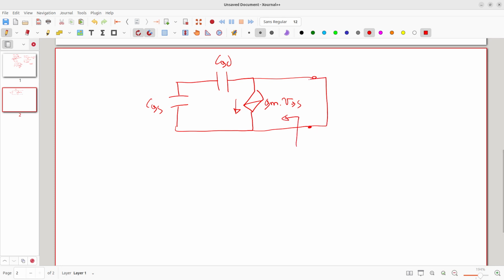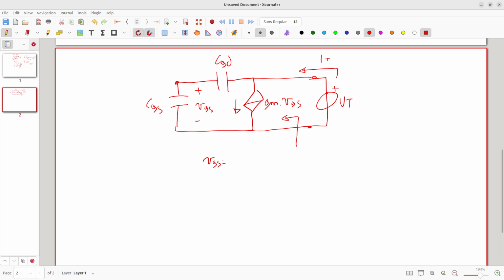So for that I connect a test voltage source, and then I will let the current pass here. Now here we have a voltage divider, and this voltage divider is used to calculate VGS.